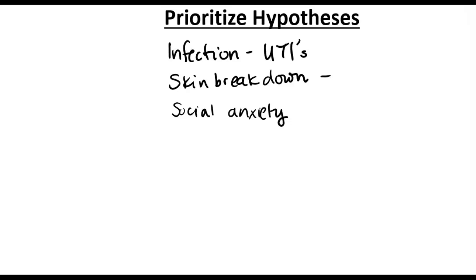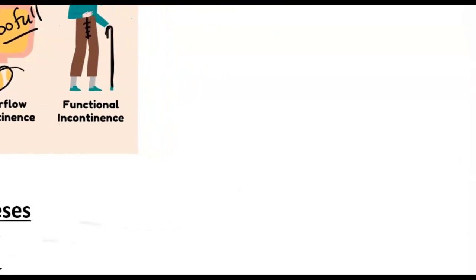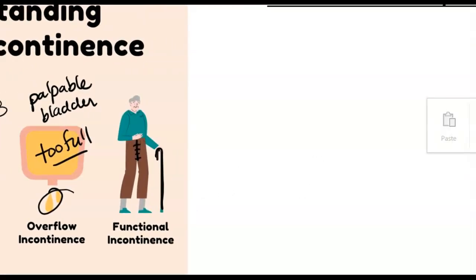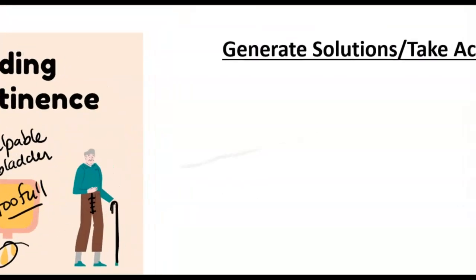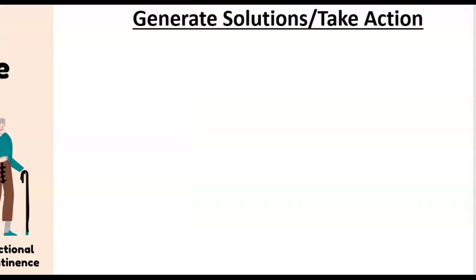So we're going to go over and take a look at what can we do. All right, so we're going to generate solutions. We're going to take action. So let's start with some of the common things.